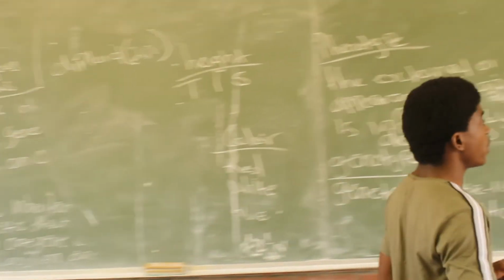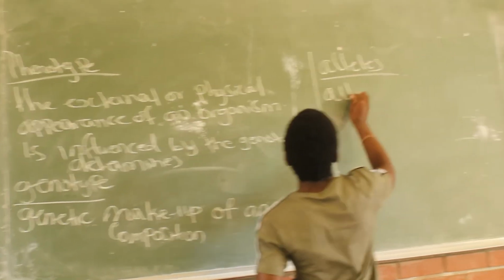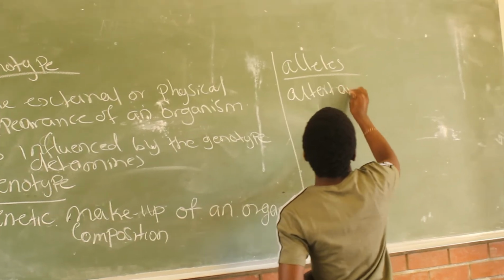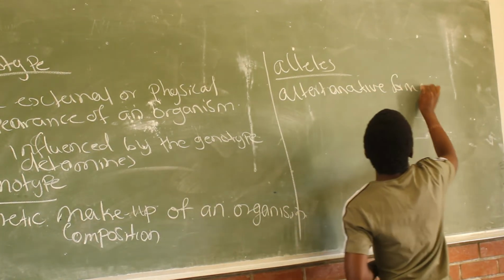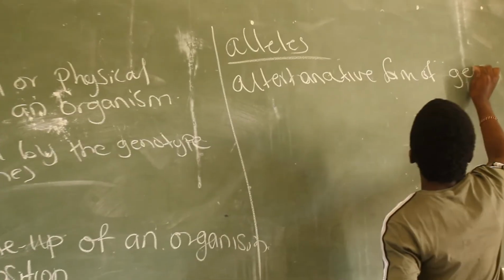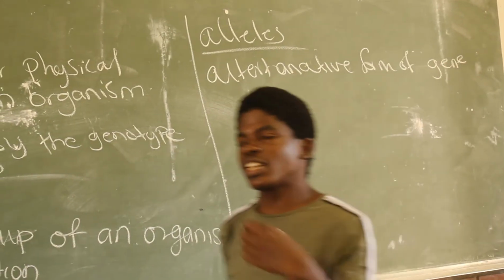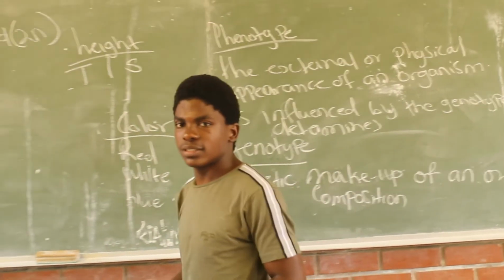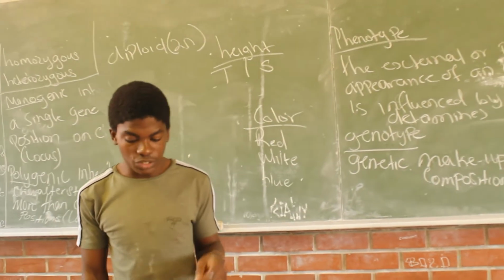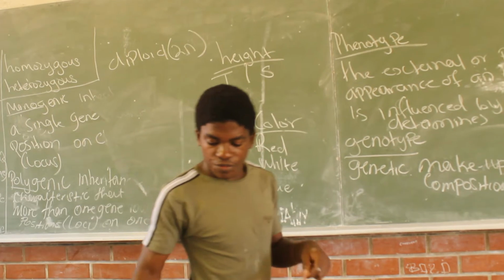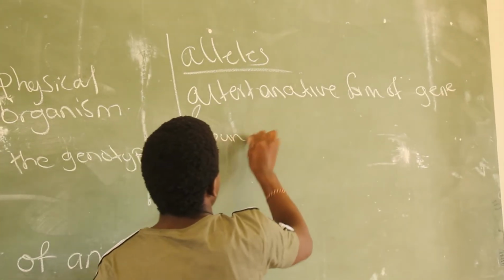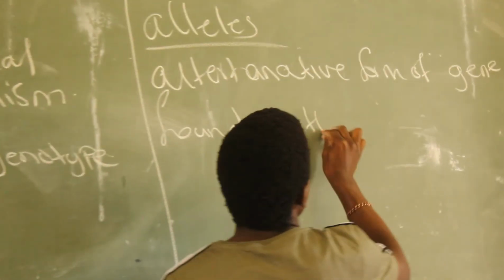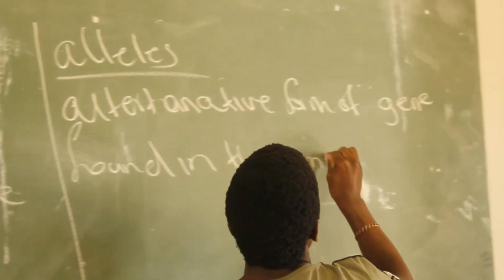So an allele is an alternative form of a gene. They alternate. They are the alternative forms of a gene found in the same locus. You already know what the locus is.